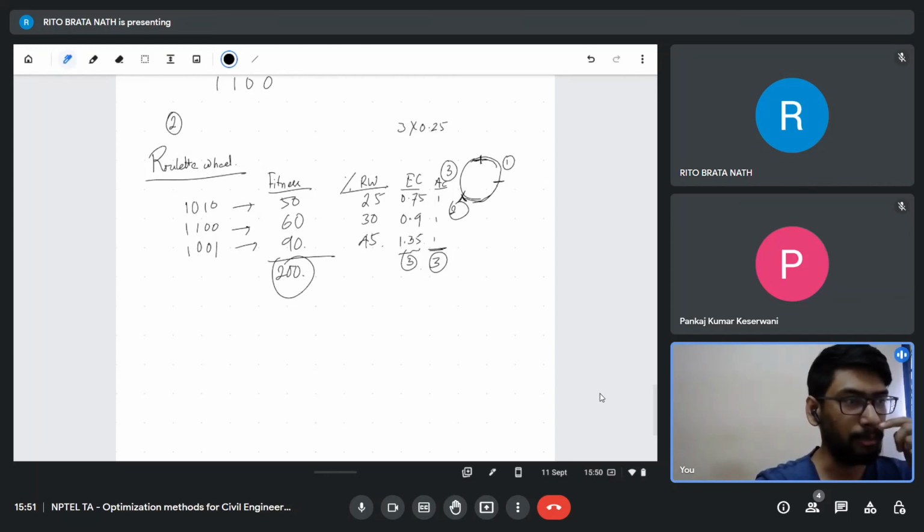So now you can have the rank selection technique as well. That's one way of avoiding creating multiple copies of the same solution again and again. So suppose the fitness value of one of these was very high. Suppose this was say 90 or something, and the others had say 20 or maybe 5 and 5.